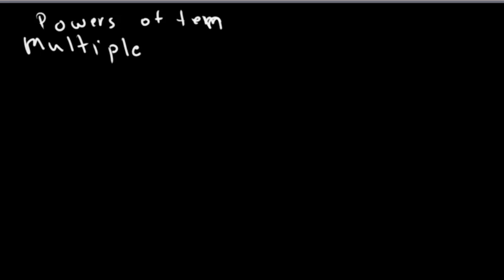Now let's look at the prefixes, the powers of 10. Now we're going to start out with what is our multiple. Build a little table here. The prefix, and then the abbreviation.